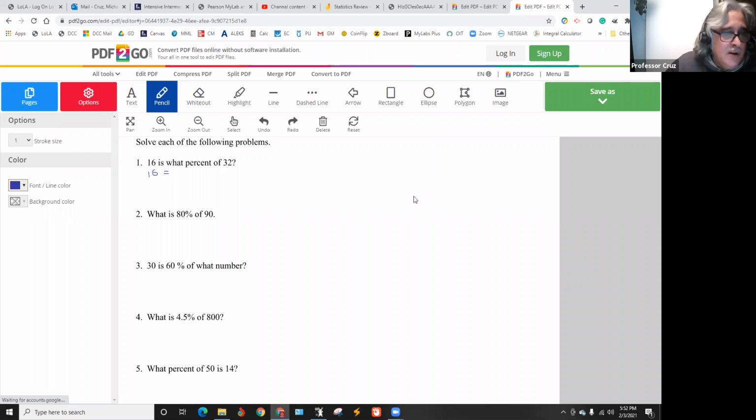This is just like the third example we looked at. It's x times 32. What's x? All right, but it might look more familiar like this.